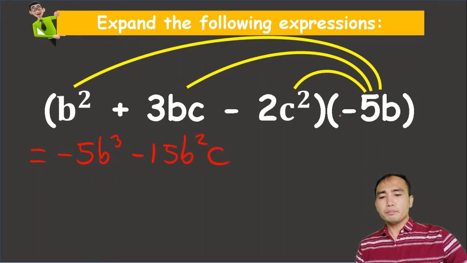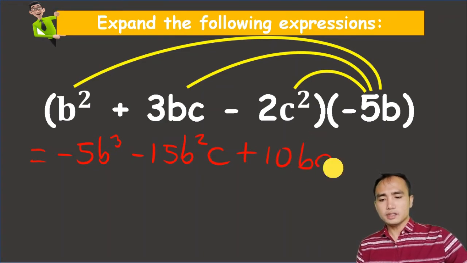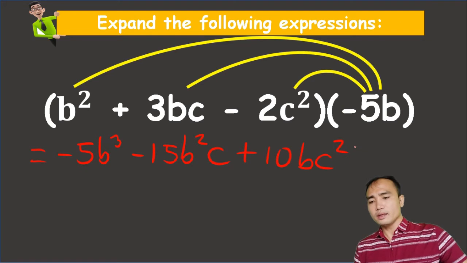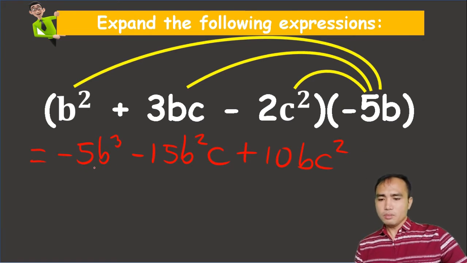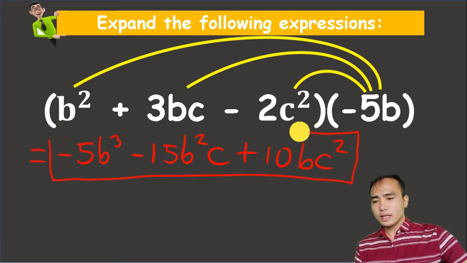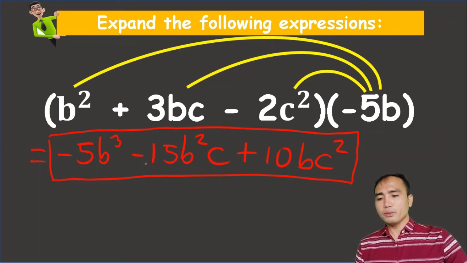Next, negative 5b times negative 2c squared is equal to positive 10bc squared. Okay, so there are no more like terms. So this is our final answer: negative 5b cubed minus 15b squared c plus 10bc squared.